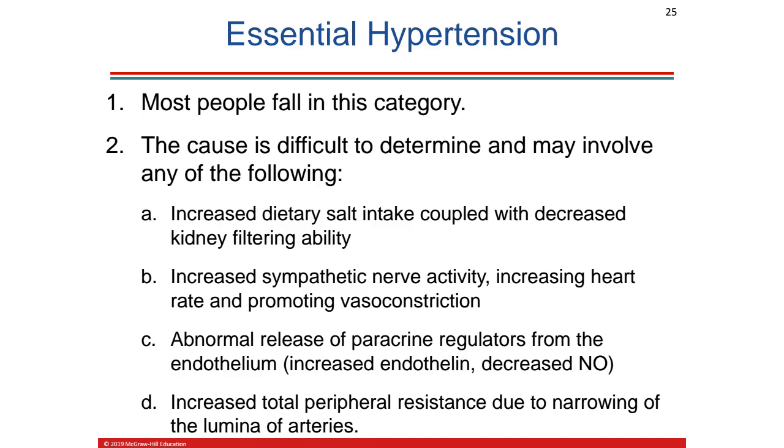So if you have less nitric oxide, then there would be less vasodilation. So both of those changes would lead to an increase in blood pressure. Finally, you might have increased total peripheral resistance, and this could happen due to the narrowing of lumina of arteries.